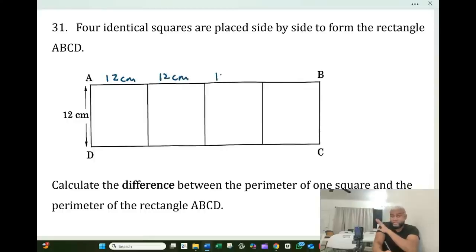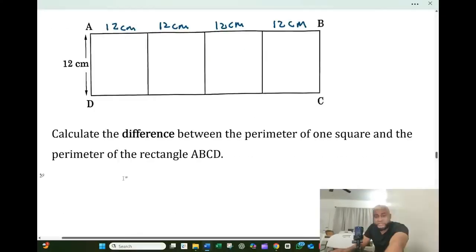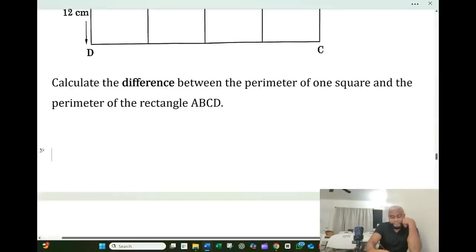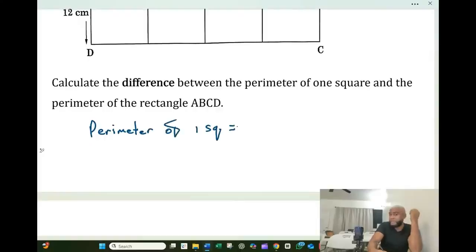First, the perimeter of one square is 12 multiplied by 4. 12 fours are 48 centimeters.